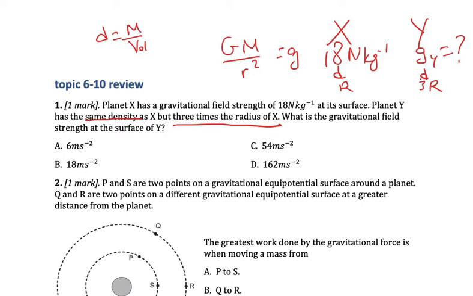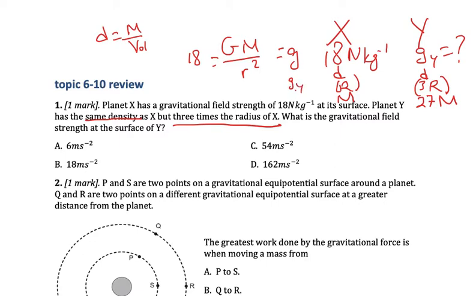Since Y has a radius 3 times that of X, if the mass of X is 1m, the cube of 3R would be 27R cubed, so 27 times more volume. To keep the same density ratio, this mass has to be 27 times the mass of X. We're given that this expression for X is equal to 18.